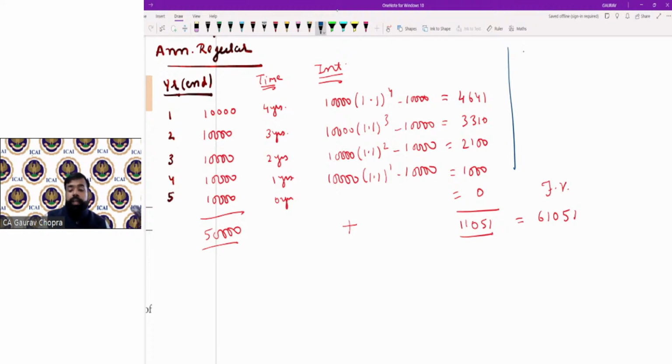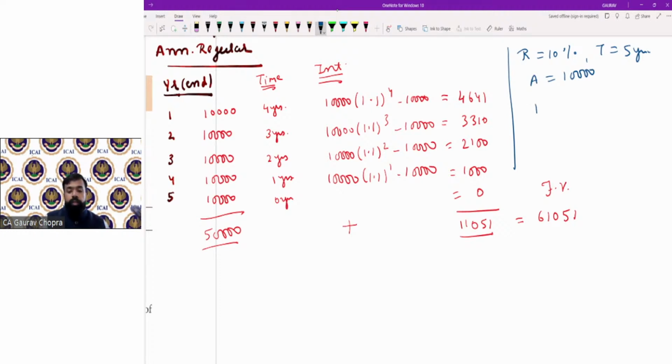So rate is 10%, time is 5 years, okay, and amount of annuity is 10,000. Now what is the first step? First step is calculate the overall interest for 5 years.